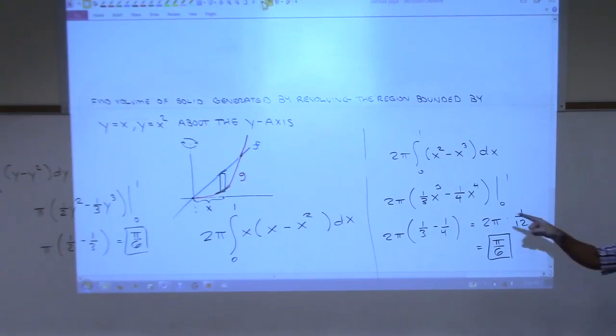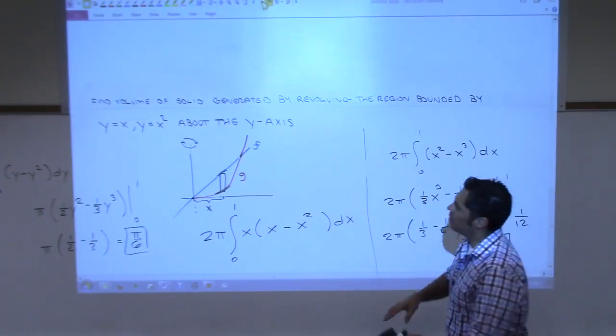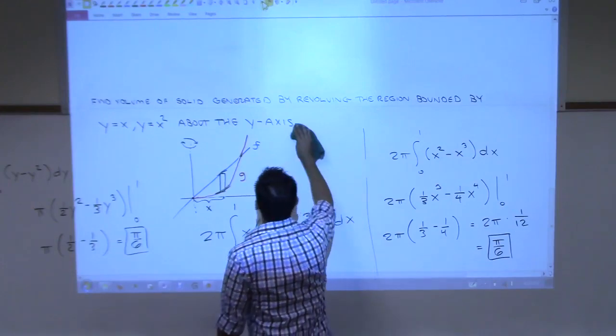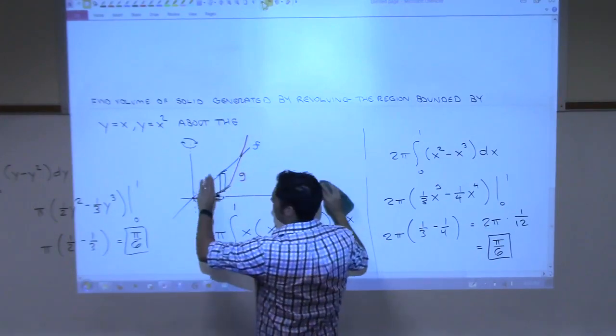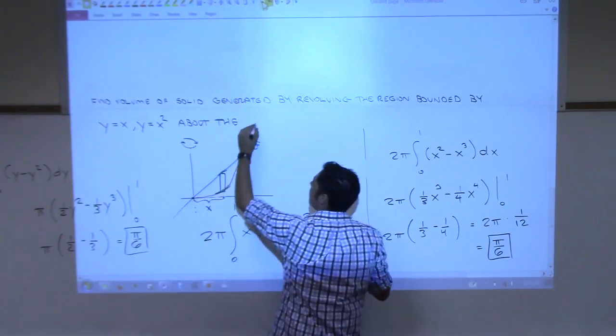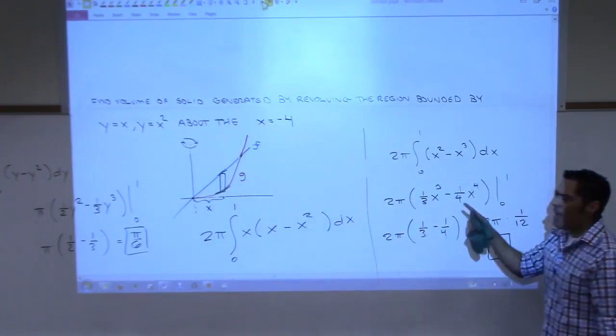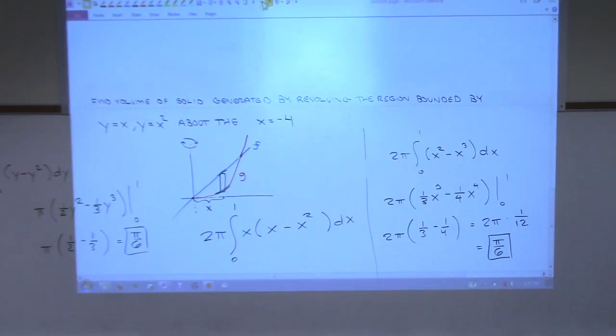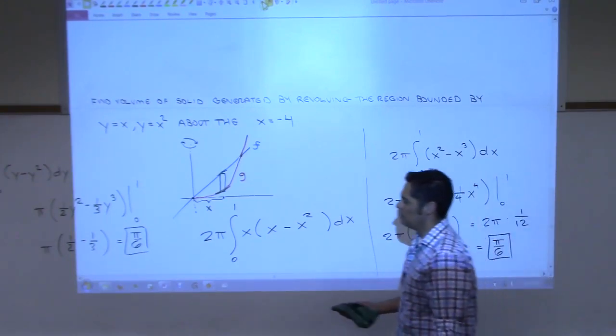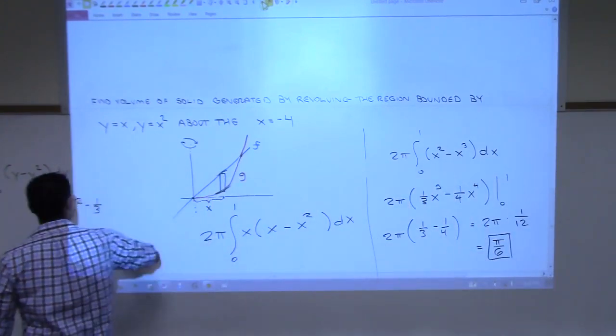Now I did one earlier where it wasn't the y-axis. We moved it to the left. Which one was that one? Next was -4. So if we did that with shells, I just want to look at what the difference would be. I'm going to erase this.